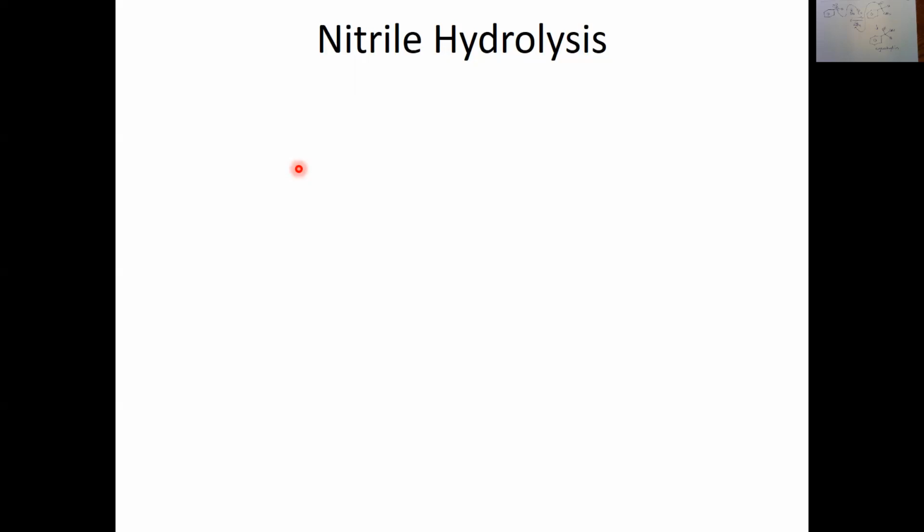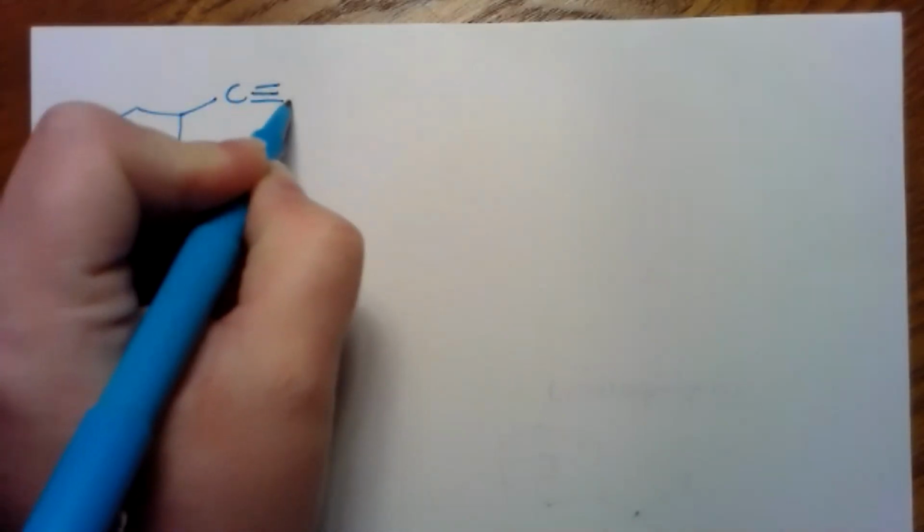Once you make them, one of the reactions they do is they can be hydrolyzed. As we have said time and time again, all carboxylic acid derivatives can be hydrolyzed to form carboxylic acids. Let's do it. We'll hydrolyze that nitrile next to a benzene, but we could hydrolyze any, really.